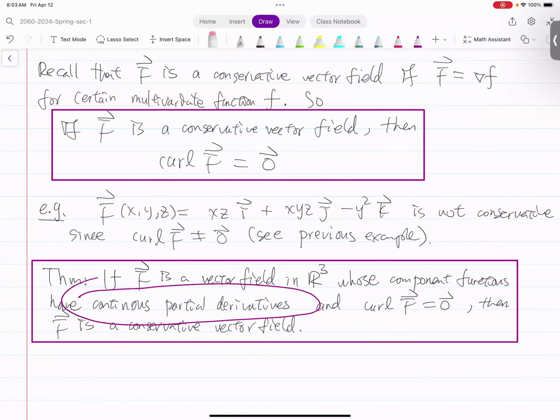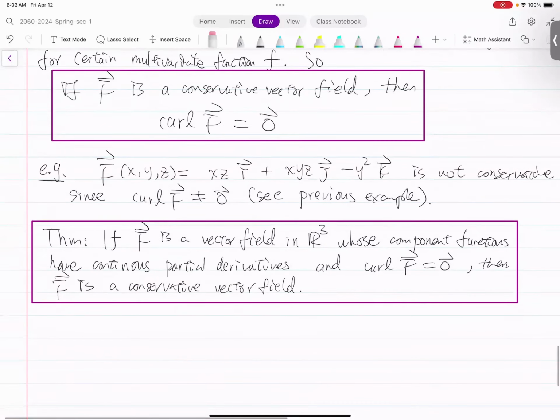So in other words, if your vector field is nicely differentiable at every component, and at the same time the curl equals to the 0 vector, then your vector field is conservative. That means you're able to find a potential function.